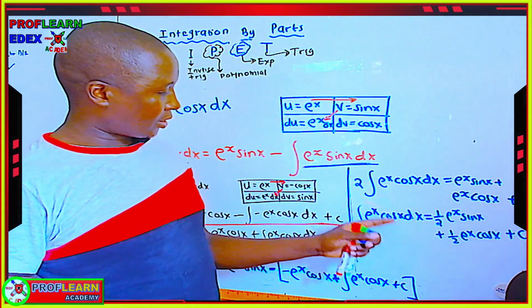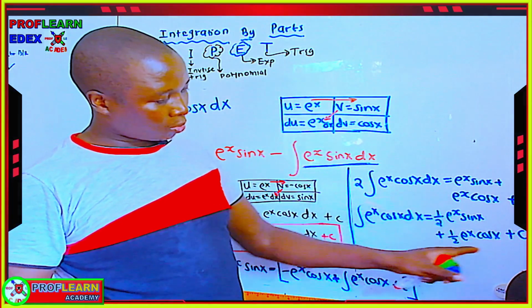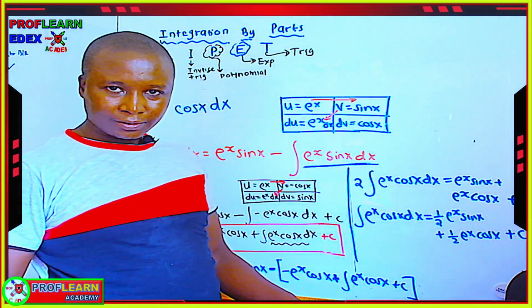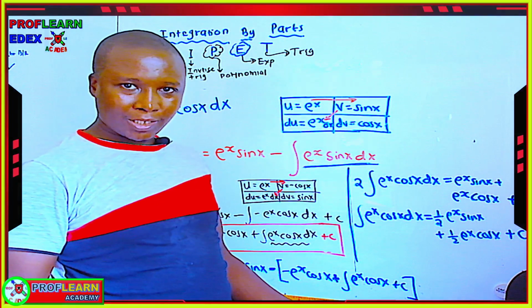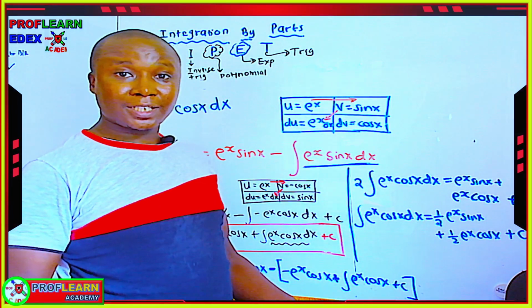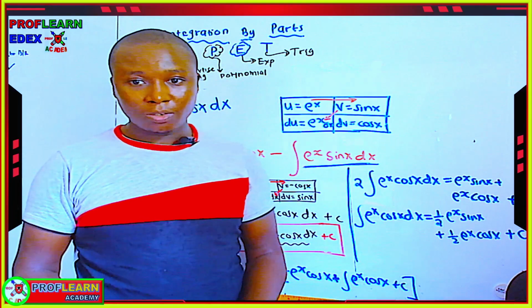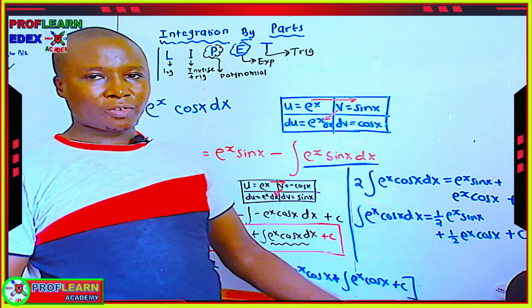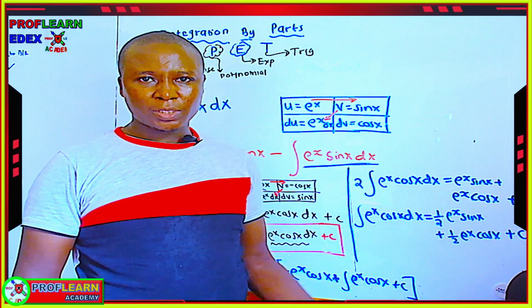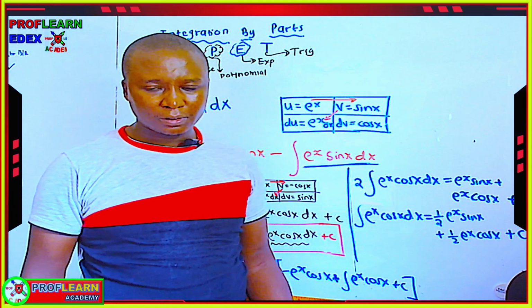Somebody may start arguing that if we divided by 2, then c will also have to be divided by 2. But what I'm insisting and maintaining is that this is a constant. So at the end of the day, we are not going to put a half on that constant, because even if you put c over 2, it is also a constant.